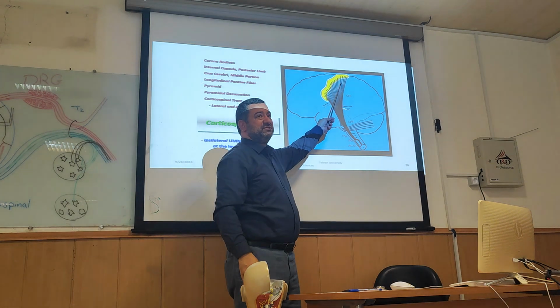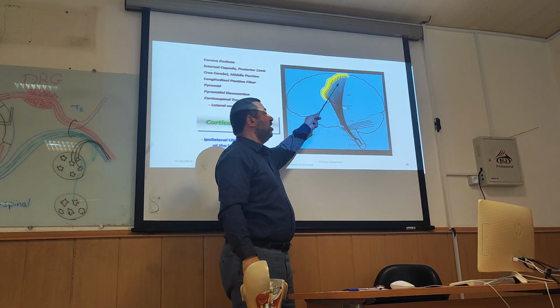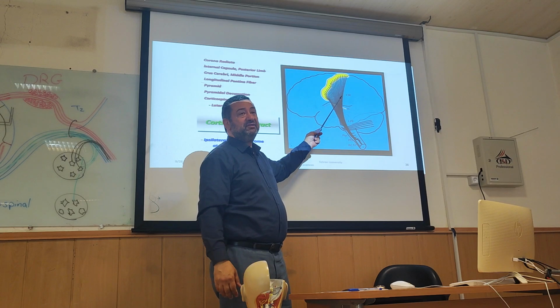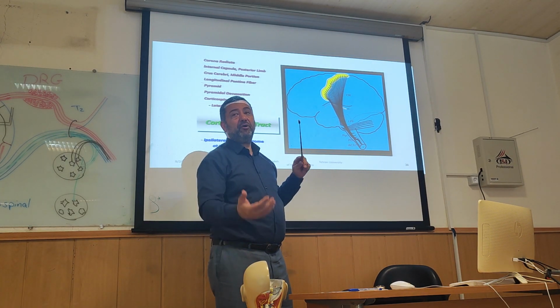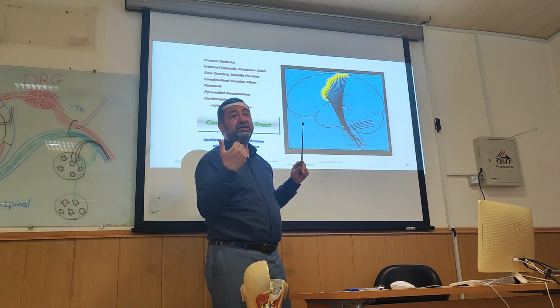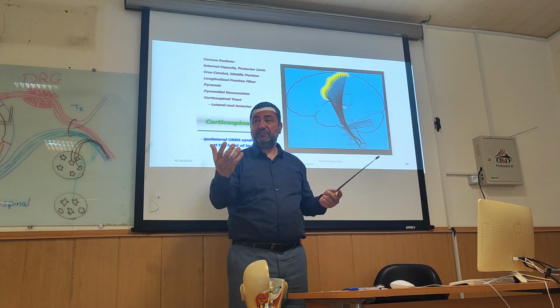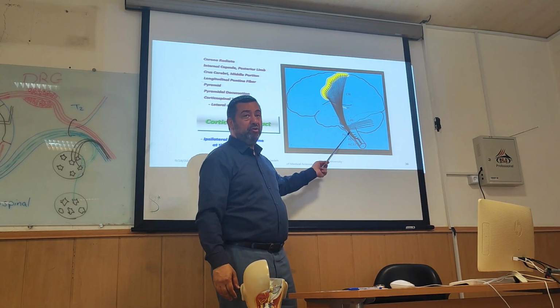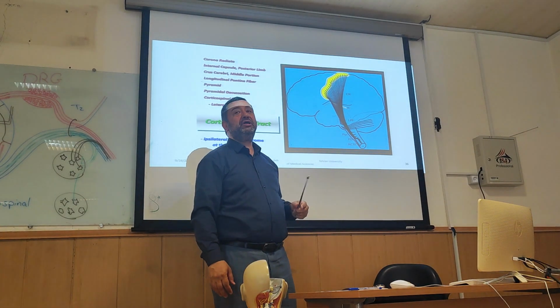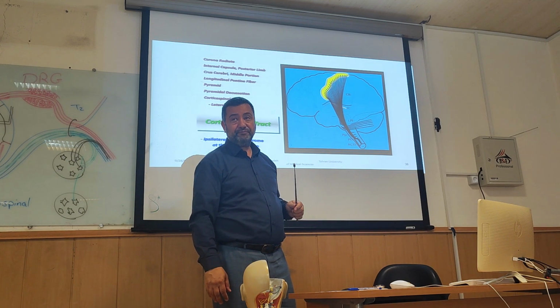From the motor cortex and a part of the sensory cortex, these fibers descend and make the corona radiata. From the posterior limb of the internal capsule, they descend into the cerebral peduncle and basilar part of the pons, and then enter the anterior part of the medulla oblongata.